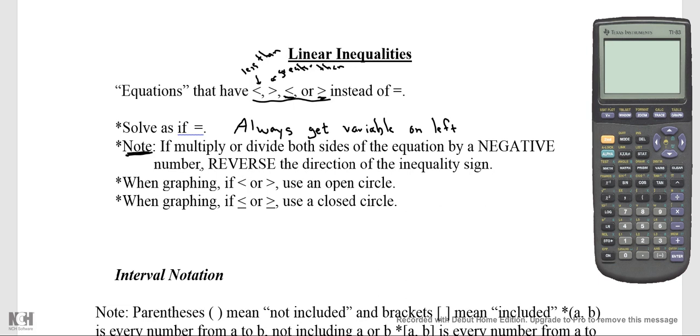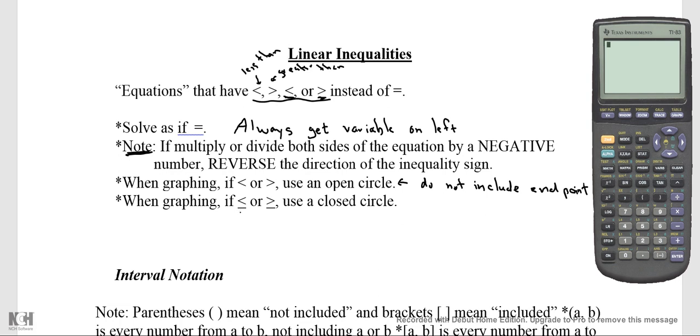When we do graph these, less than or greater than, no line under it, you use an open circle because that means we do not include the end point. Since it's strictly less than, say, 4, then I don't want to include 4 because 4 is not less than itself. So I use an open circle to show that I'm doing that.